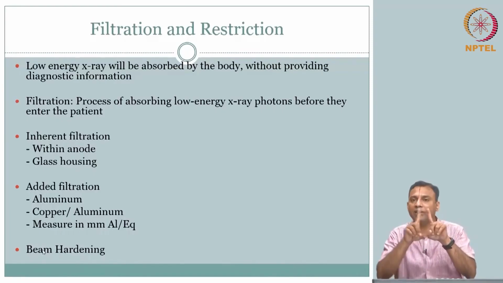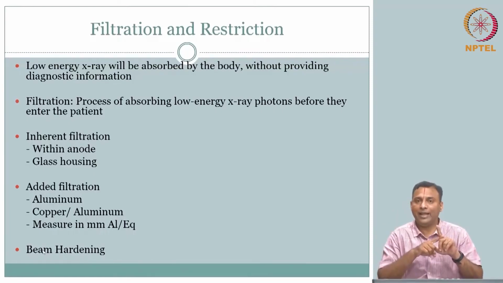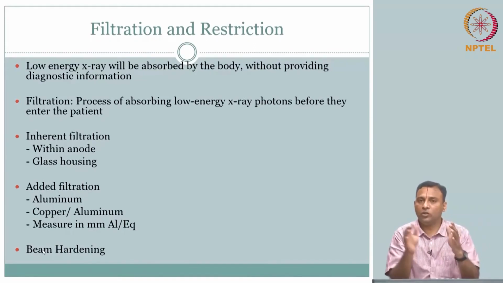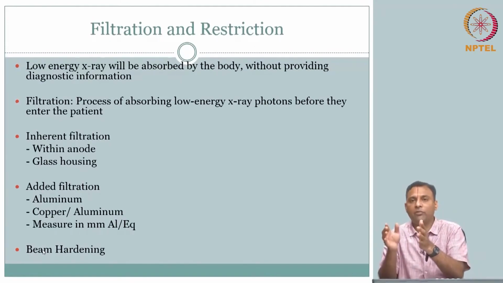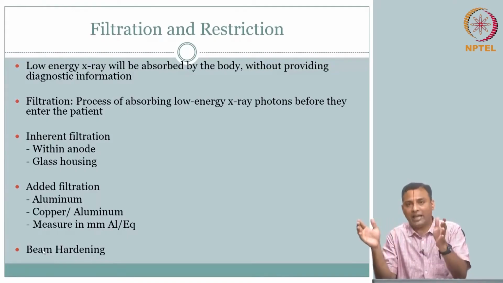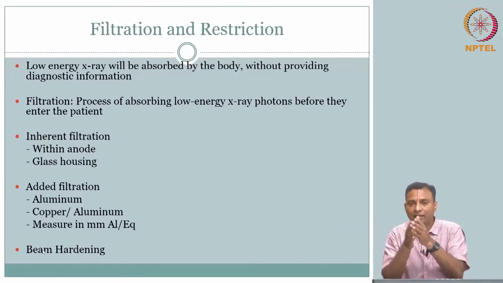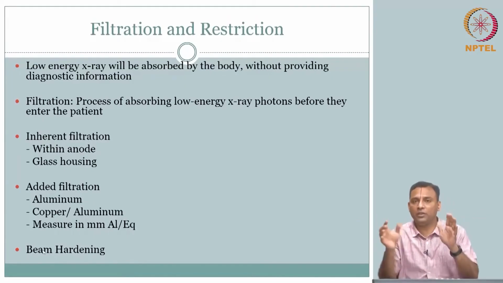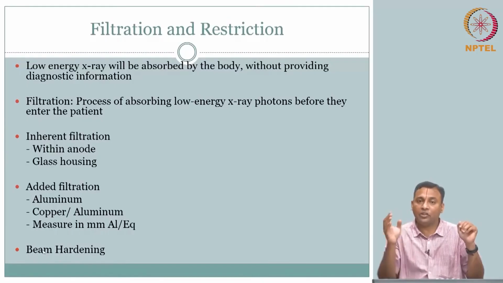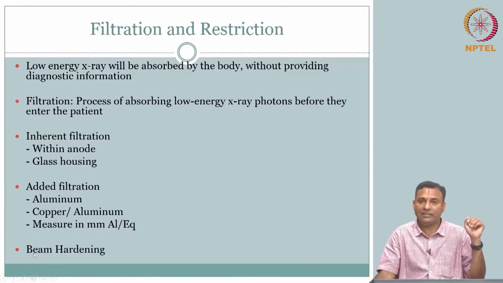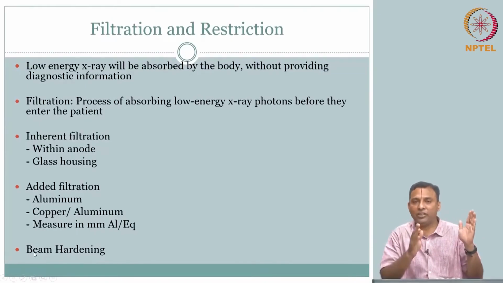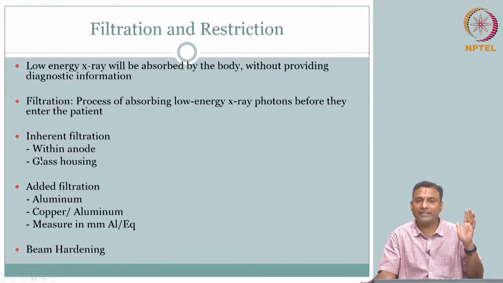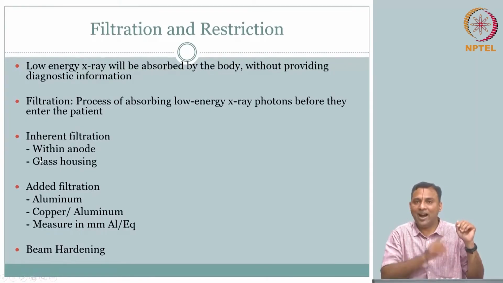The mean energy level is going to be higher than before, right? Because the low energy photons are removed. So, you have so many photons, but all of them are on the higher energy side. So, the average of that is going to be greater than when you had low and high and having an average. It is going to be skewed, right. So, you are going to have higher. So, that means beam energy is increased. The average beam energy of the spectrum that is coming out after filtration is increased, hardened, right.